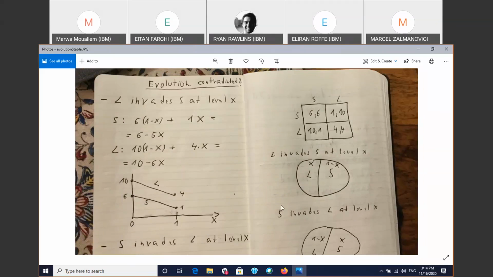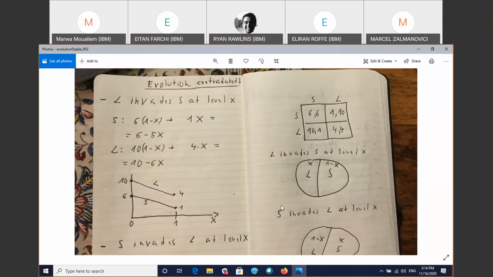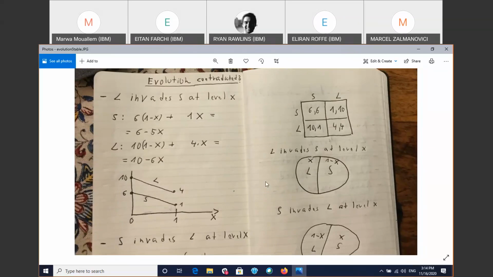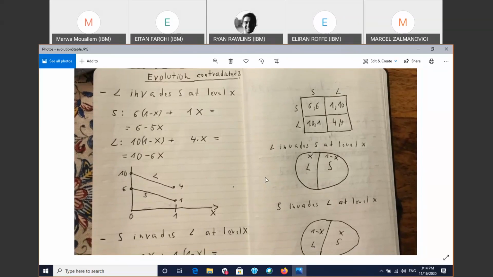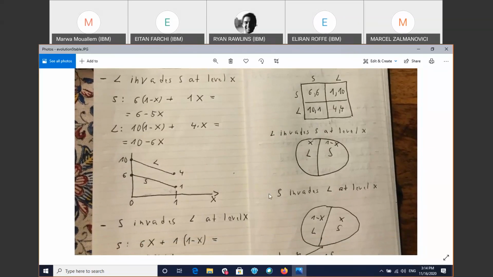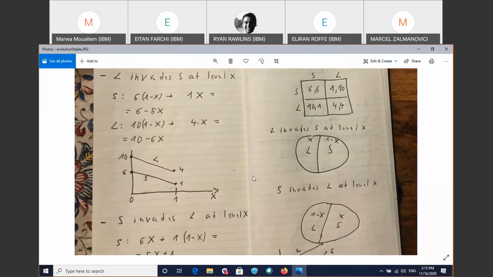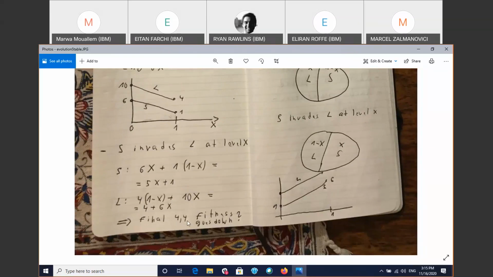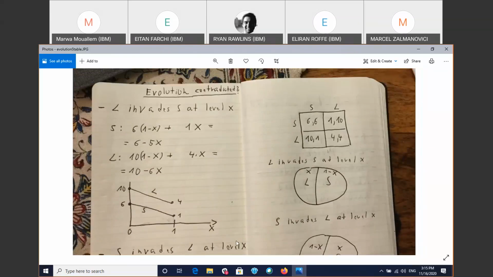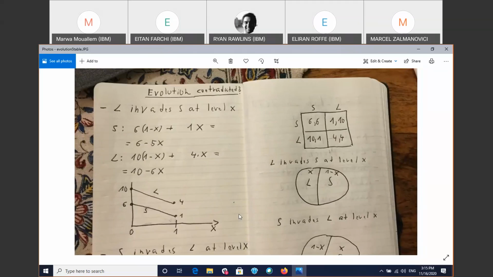But maybe the most interesting thing from an evolution theory point of view is that the species that emerge as the only species, the large, ended up with a fitness of 4, which is smaller than 6. So that kind of seems to be in contradiction to evolution ideas, because the fitness of the species grows.